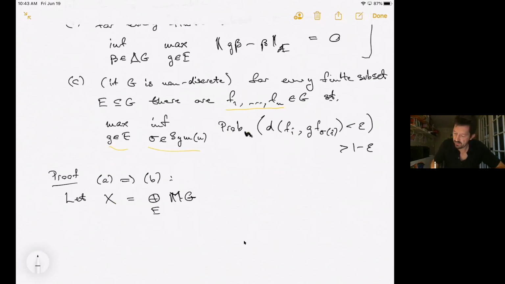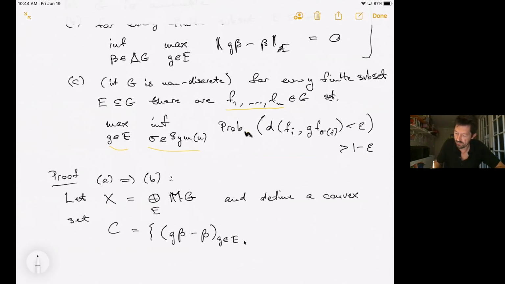And then I define a convex set C in X. So this is what? It's just the set of g beta minus beta for g in E, where beta is an element of delta of G.